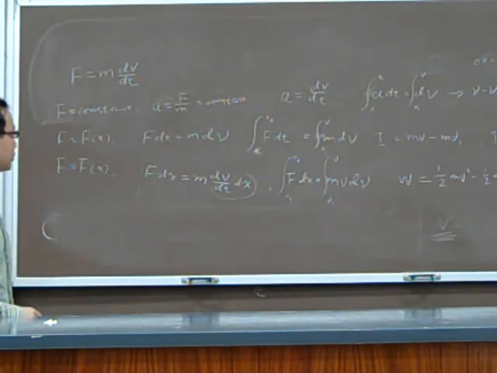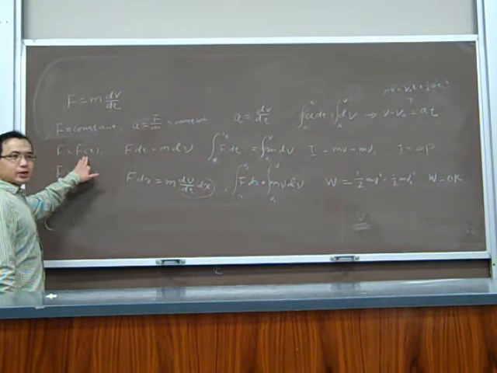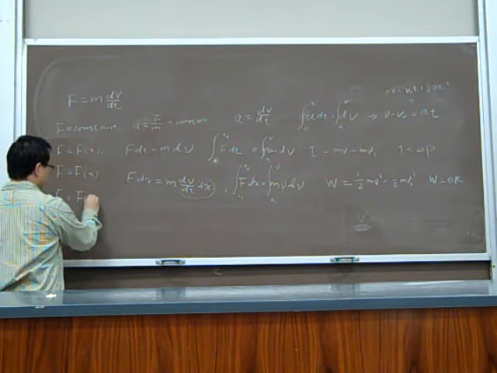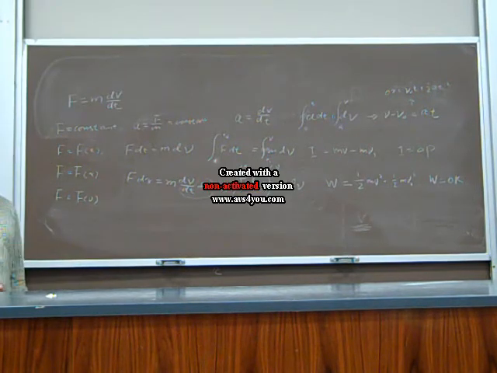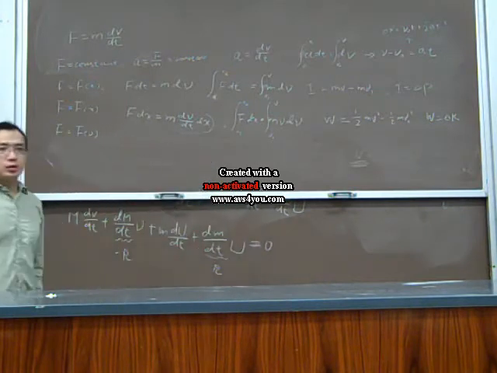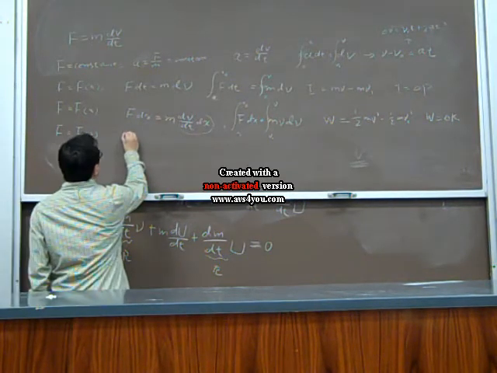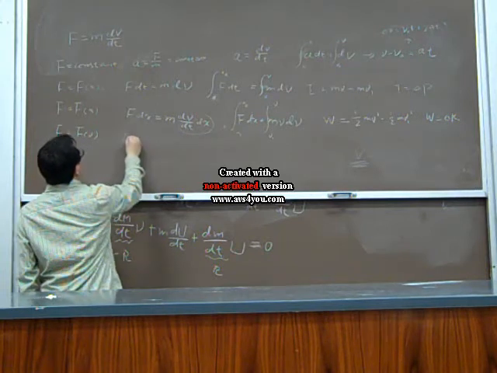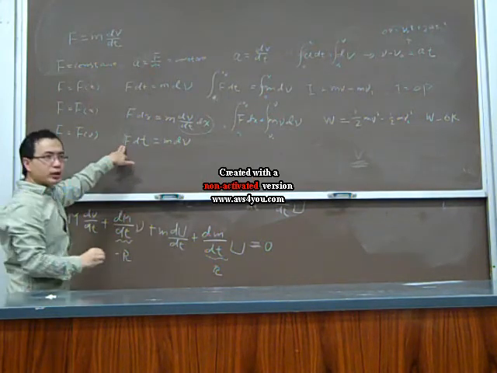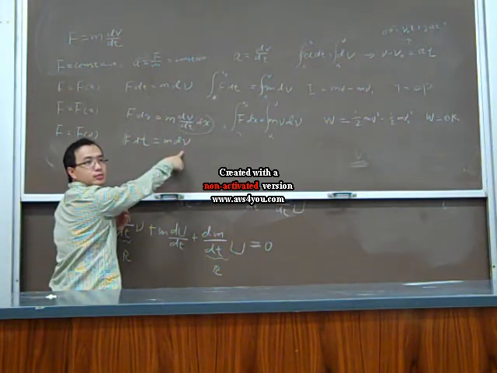So that's some general stuff. For some other situations, the force can depend on other quantities. For example, if the force is a function of the velocity, the drag force is that kind of force. It depends on the velocity. In this case, you still write F dt = m dv, but if you want to do the integral, you have to move F to the other side because it's a function of v.